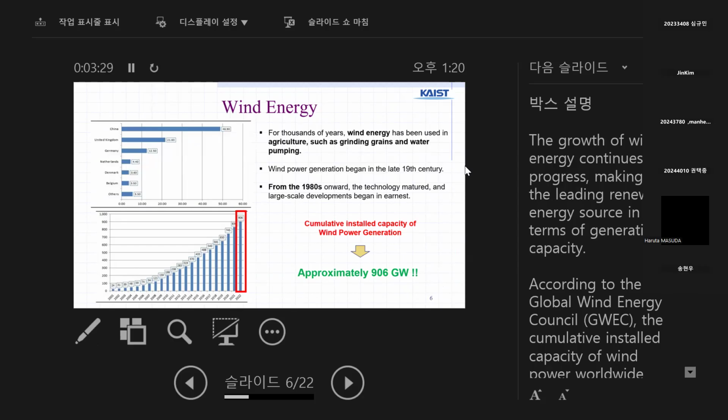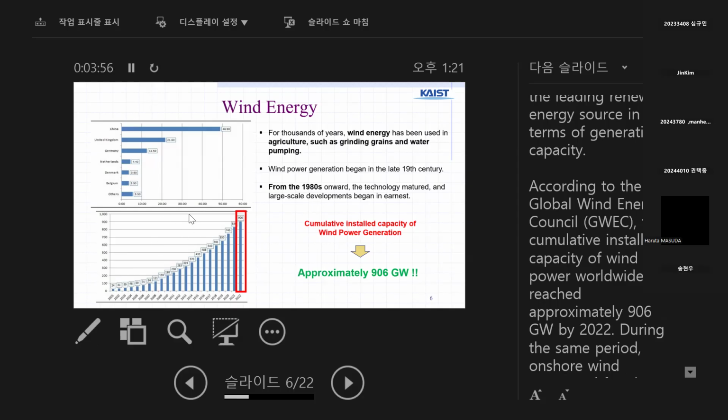From the 1980s, the technology matured and large-scale development began in earnest, when they made wind turbines for power generation. As you can see in this graph, the growth of wind energy continues to progress, making it the leading renewable energy source in terms of generation capacity.